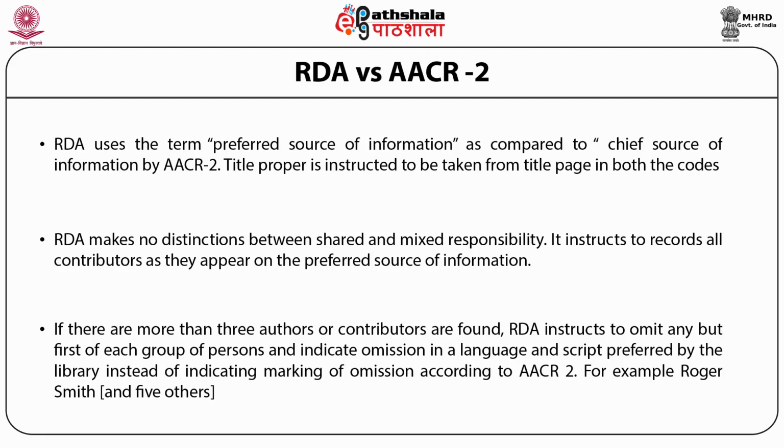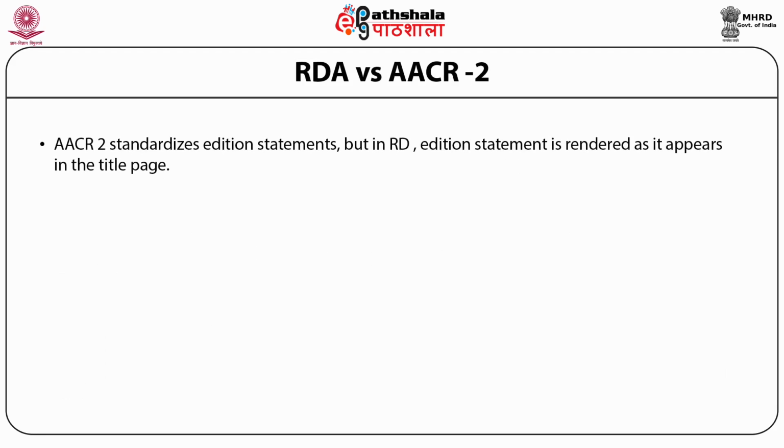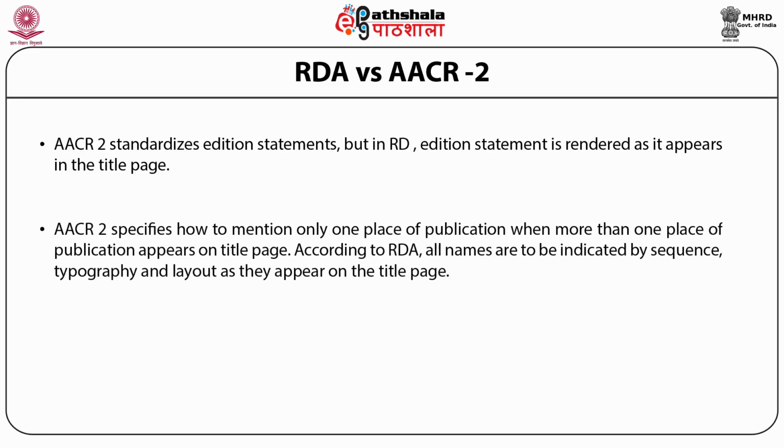For example, there are 5 authors, only the first one, Roger Smith, for example, will be picked up. Fourthly, AACR2 standardized edition statements, but in the RDA, edition statement is rendered as it appears on the title page. Fifthly, AACR2 specifies how to mention only one place of publication when more than one place of publication appears on the title page.